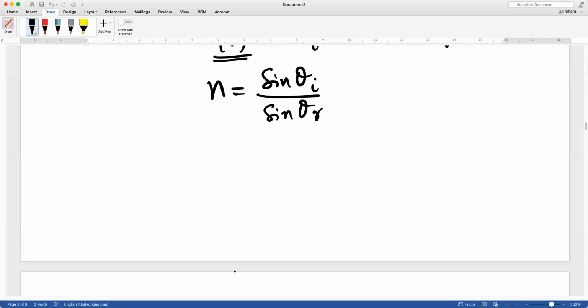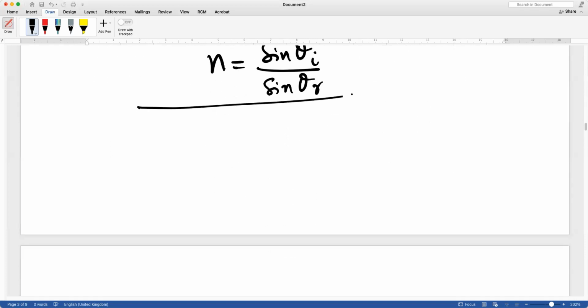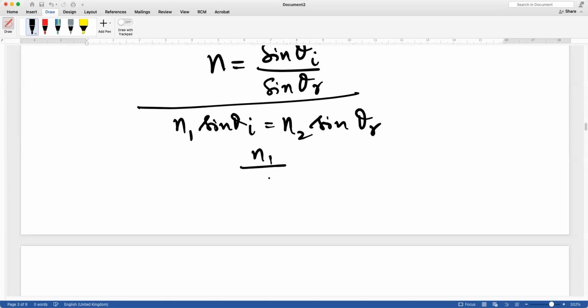So I will write that generic one also. If it is going from N1 with sine theta I to a second medium, refracted as sine theta R, then we can say that N1 by N2 will be equal to sine theta R by sine theta I. Is that okay?